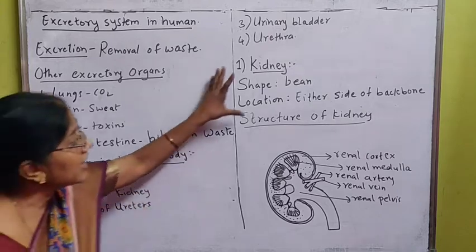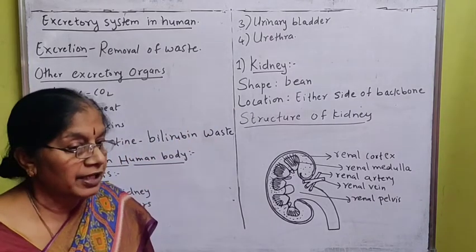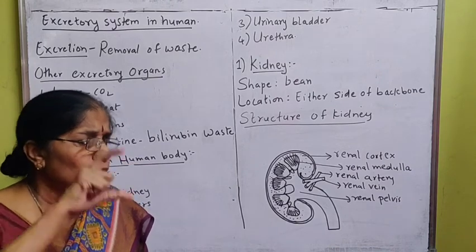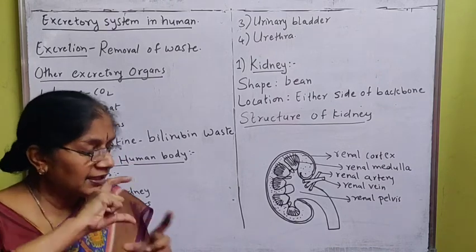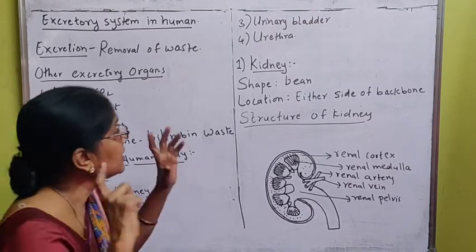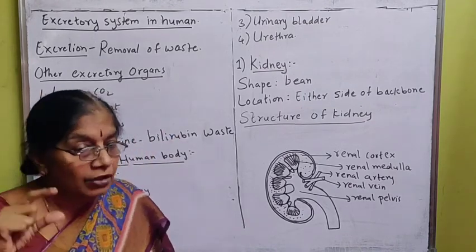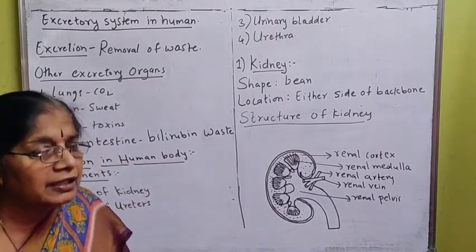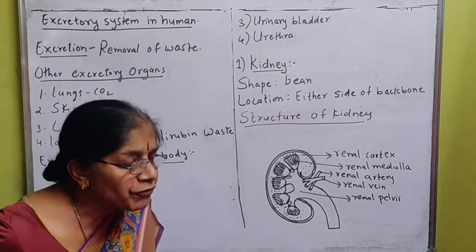Now let us see regarding the kidney. If you try to see the shape of the kidney, you will find that it is shaped like a bean. And where is this kidney located? On either side of your backbone.